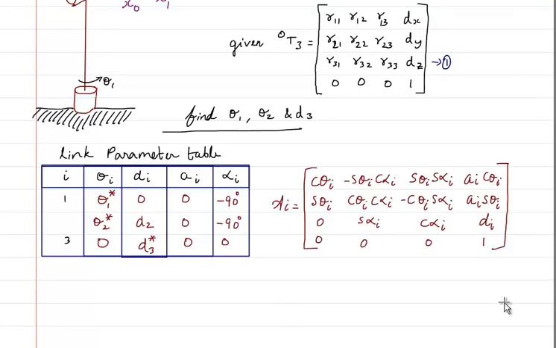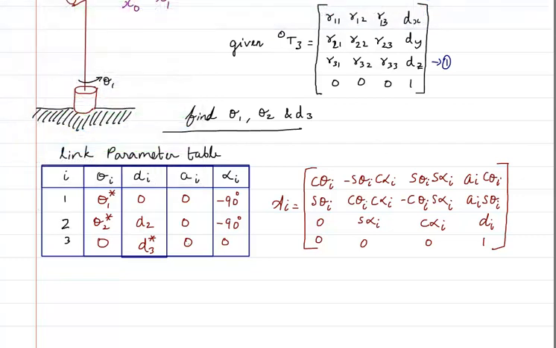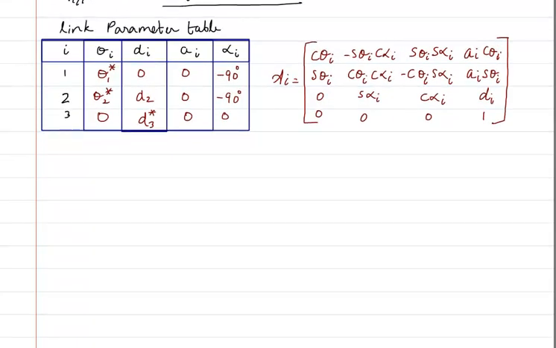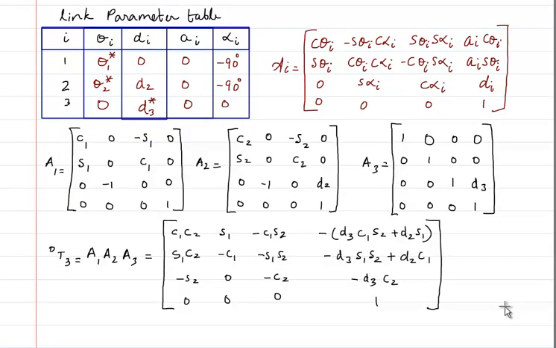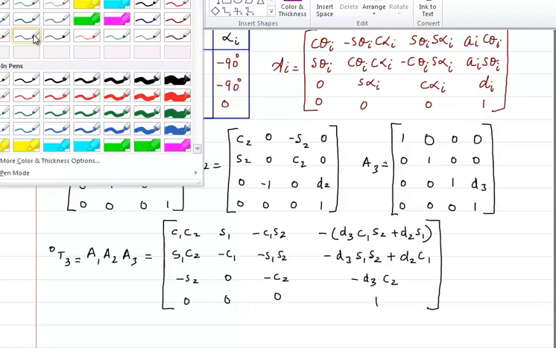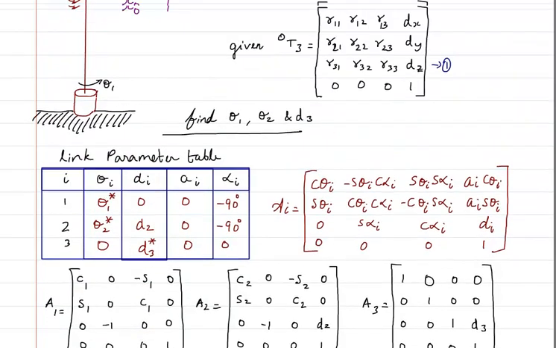Now based on this I can write A1, A2, A3 as I have done previously. I will directly write that equation of A1, A2, A3 here, and we can call this equation number 2. Already I have equation number 1 here.